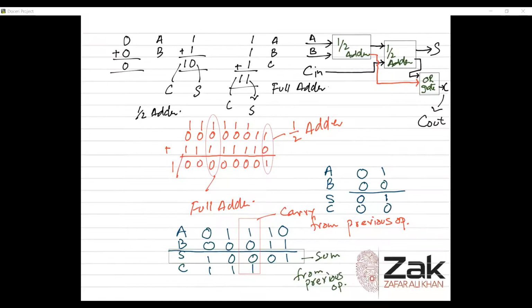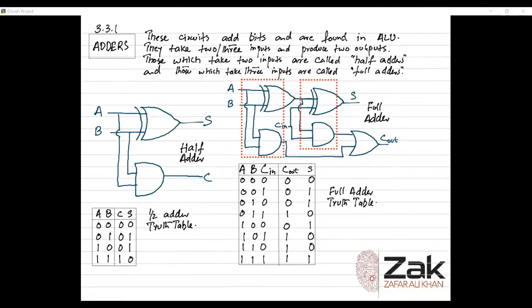So you can conceive it the way you like, but what I was trying to inculcate is that a full adder is made up of two half adders. The output of the first half adder is entered to the input of the second half adder.